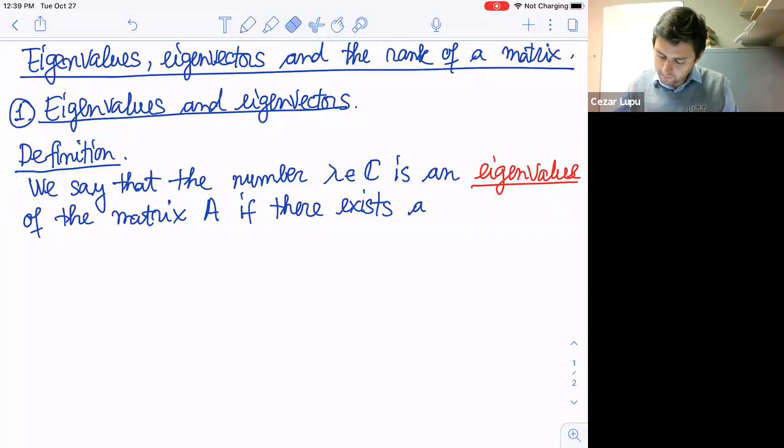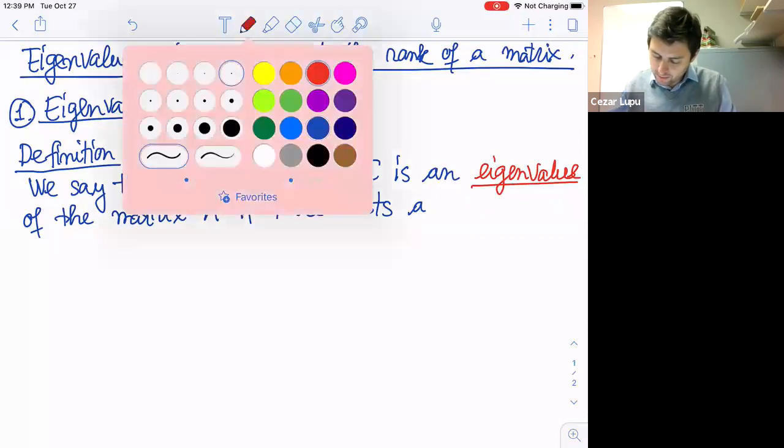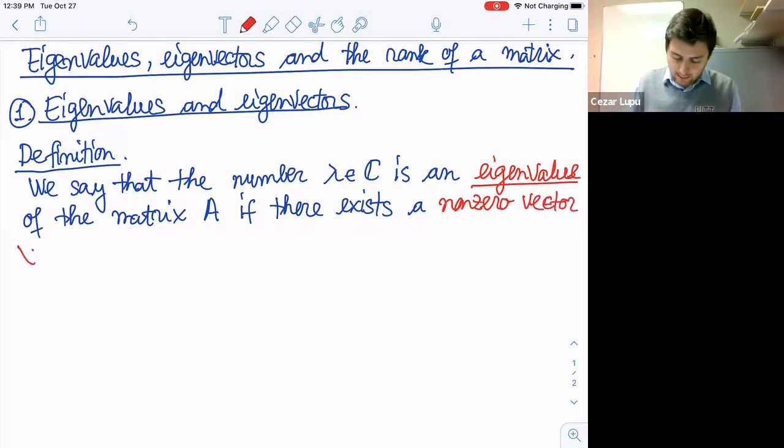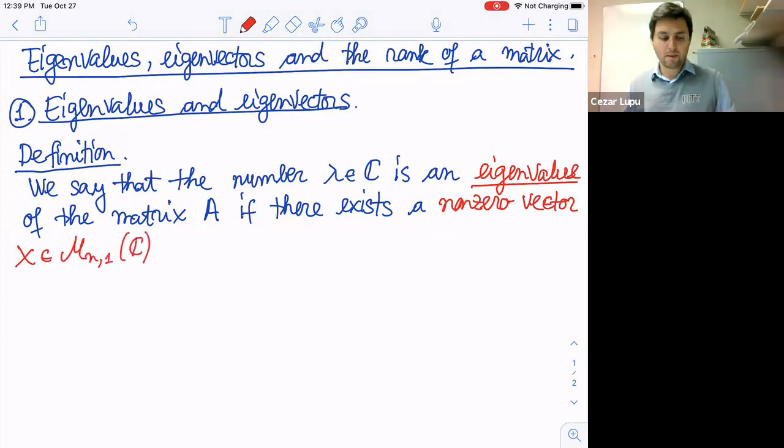x, and this time I want to write it because I want you to see, so it's a column vector. Let me point this out.